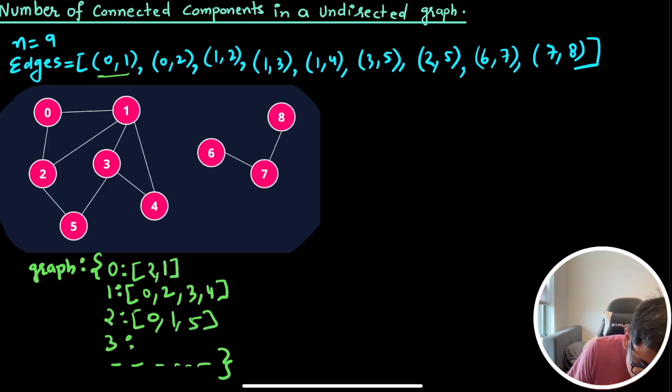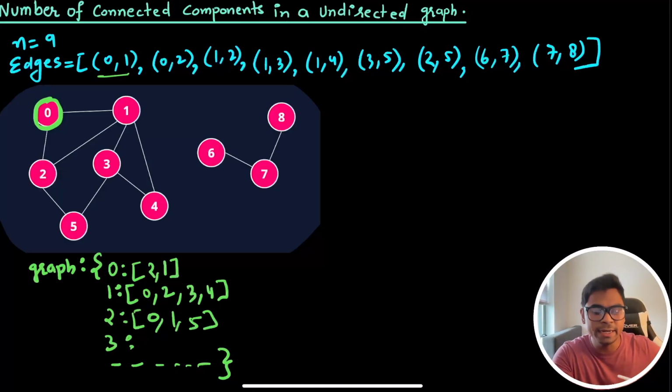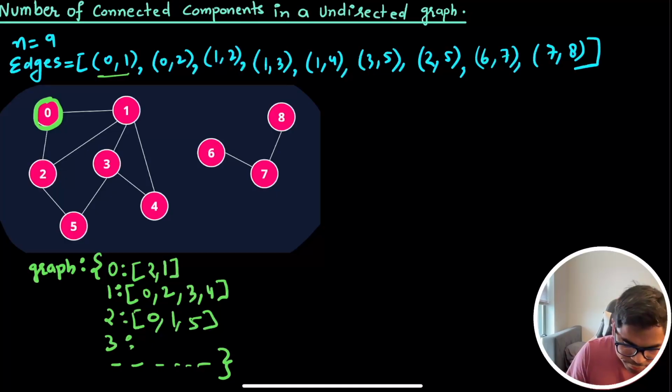If I start my DFS at 0, I will visit all the neighbors of 0 first, and I will not be marking 0 as visited right now because I'm visiting it, but once I'm done visiting all the neighbors of 0, then I'll mark it visited. For now, I'll check if I have visited 0 because I will call my DFS on 0. Well, 0 is not visited.